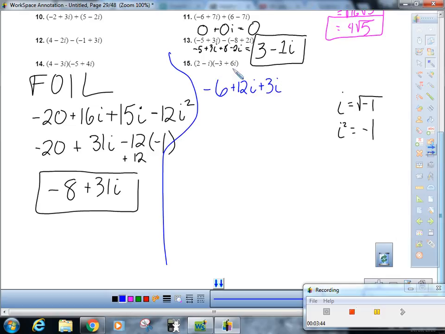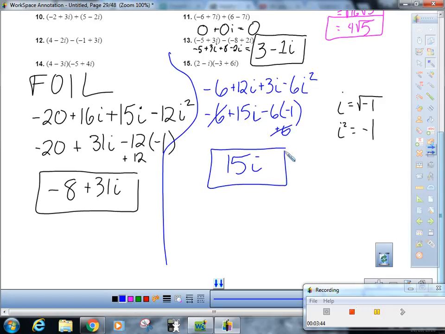Negative 1i times positive 6i is negative 6i squared. What's i squared again? Negative 1. And a negative 6 times a negative 1 is a positive 6. So those are going to cancel each other out. And you end up just with a 15i for that.